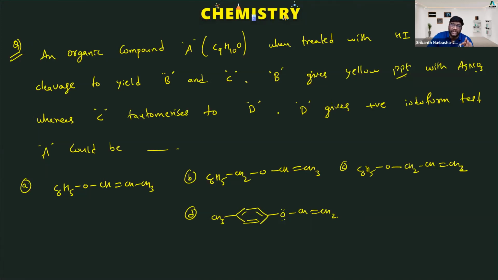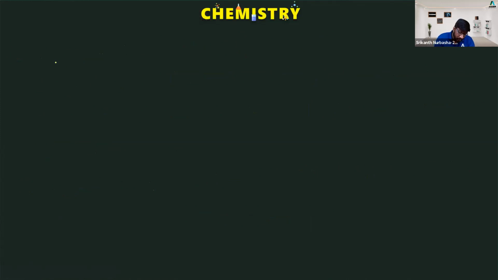Compound A treated with HI forms B and C. C should have an enol system. B is giving a yellow precipitate with AgNO3, which means B is something which can release the iodide ion easily. So let us go with the conclusions. What they have mentioned is A treated with HI forms B plus C. B treated with AgNO3 forms a yellow precipitate, that means AgI is formed.